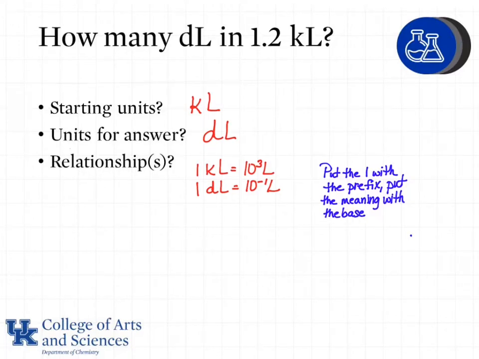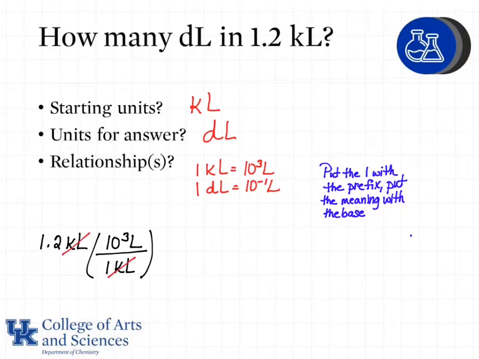Now we can look at how we're going to set up the problem. So we start with 1.2 kiloliters because that was our starting unit in our given value. Next, we need to have kiloliters on the bottom of this step so that we can cancel out those units. And we put 10 to the third liters in the numerator because we know that 1 kiloliter equals 10 to the third liters.